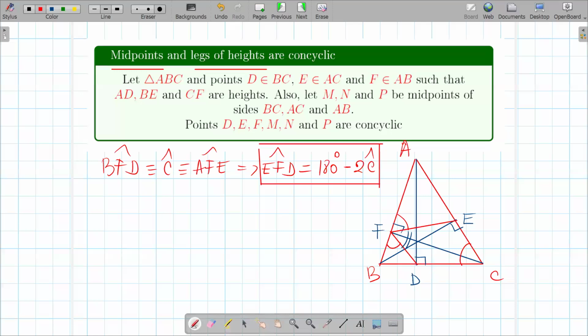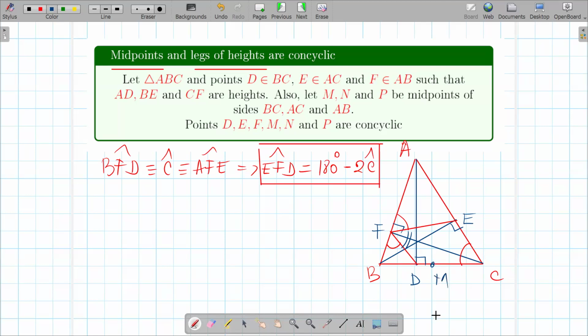All right. Well, actually, this is all we need to know in terms of us proving that the midpoints and legs of heights are concyclic from the legs of heights perspective.